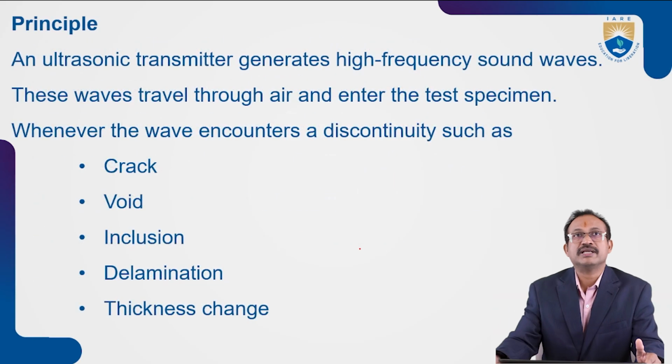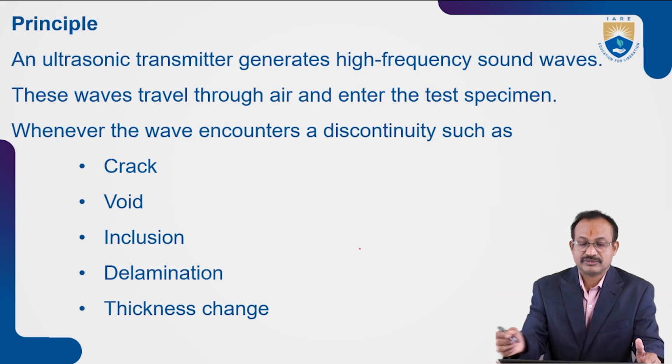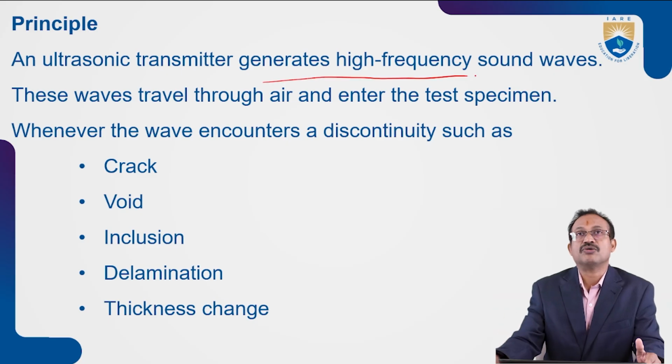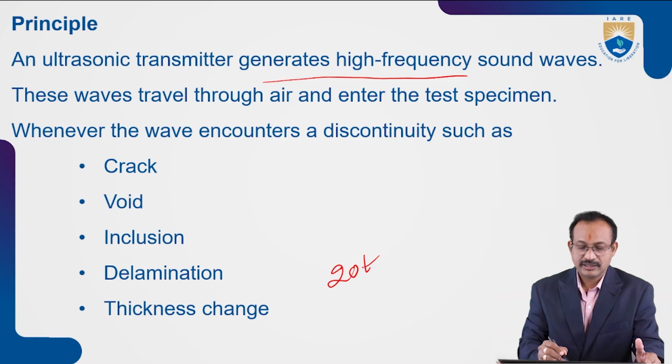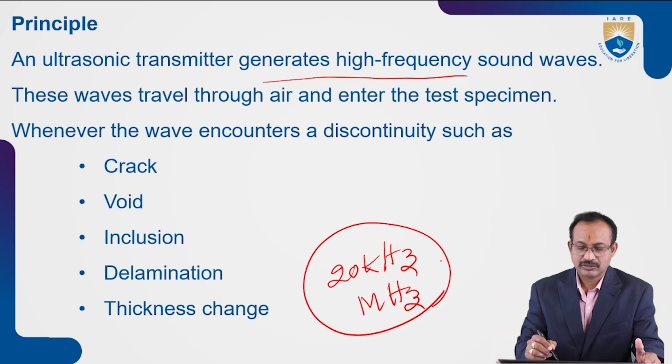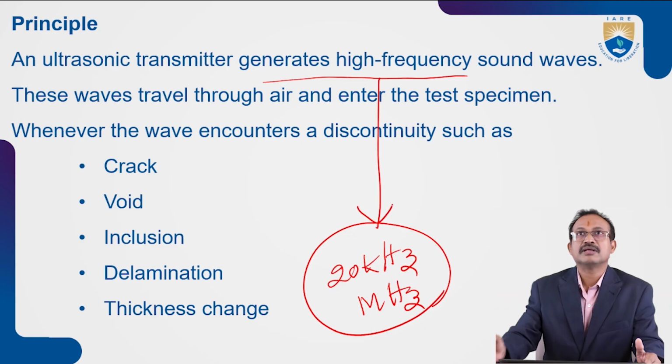Now let us discuss the principle. An ultrasonic transmitter generates high frequency sound waves, 20 kilohertz to several megahertz, as we have discussed. These waves travel through air and enter the test specimen.